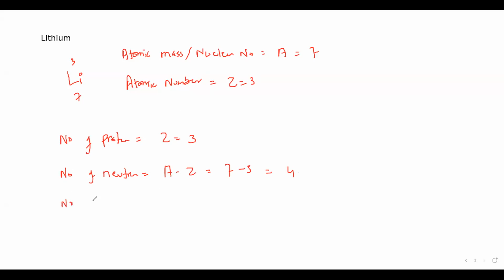And to get the number of electrons, in this example there is no charge, so it is Z minus the charge, so Z is 3 minus the charge 0, so that is also 3. For a neutral atom, the atom without a charge, it should have an equal number of protons and electrons.